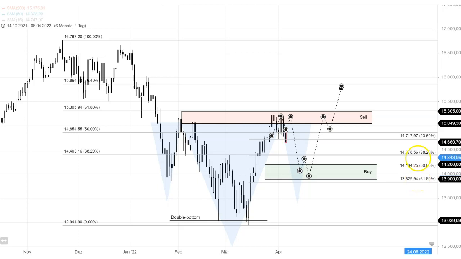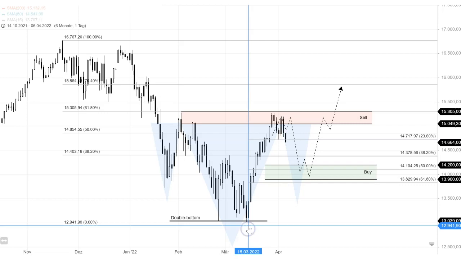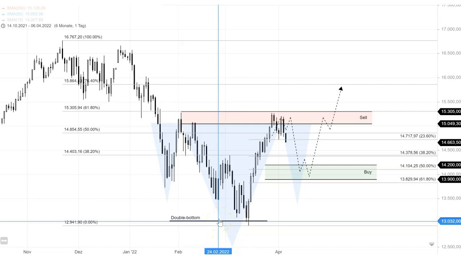And one more thing to mention is, and that's very important on long-term cycles which run over months. Nasdaq made its low on the 15th of March, and the S&P 500 and the Dow Jones, they made it on the 24th of February.